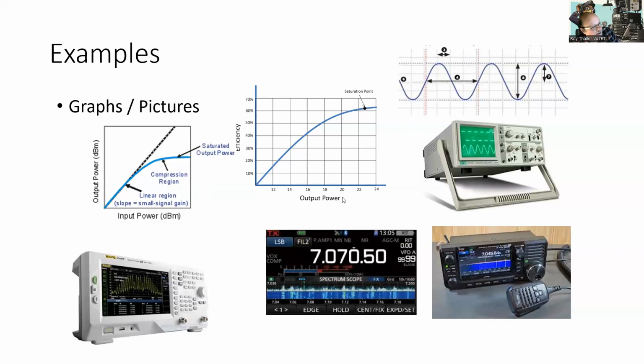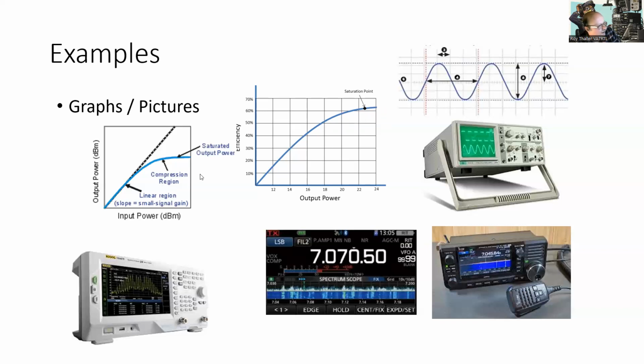One is output power versus efficiency, and as you go up, you'll notice that it'll drop off at some point, and this happens to be around 60% for this amplifier. And what you want to do is operate in the linear portion of the amplifier, especially if you're doing single sideband. If you get up into this region here, you get distortion, and you can generate harmonics and cause some interference problems.